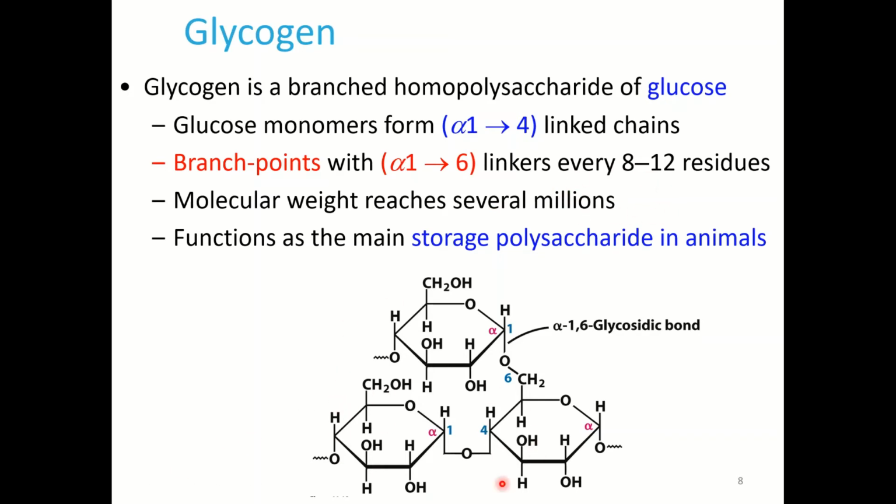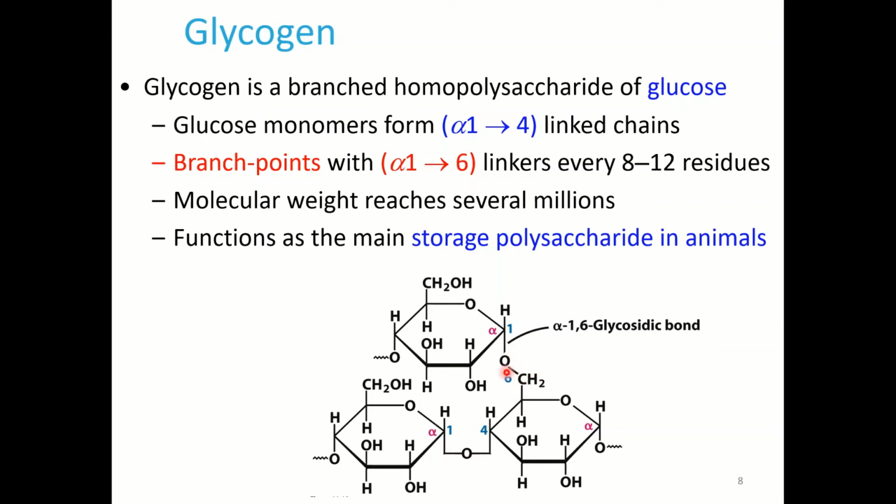And so here we see the structure. We have alpha 1 to 4 linkage within the chain of glycogen, right? So here's our alpha carbon, the alpha anomer, that OH group's down. There's an OH group here at 4 also pointing down, so this is alpha 1 to 4. The branch points are alpha 1, here's our alpha 1, and 6.